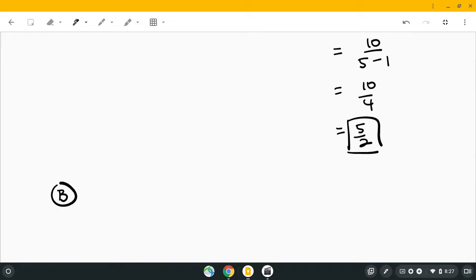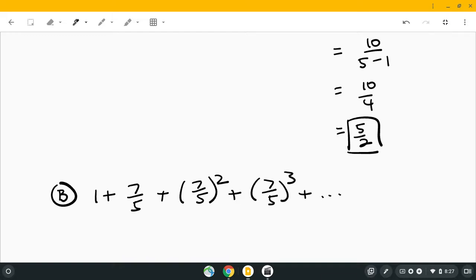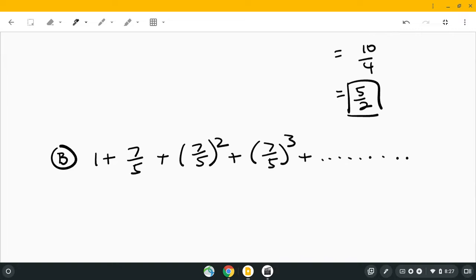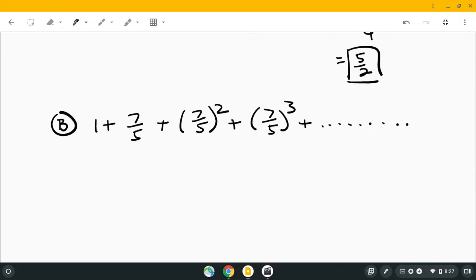Now look at this example. Suppose I have 1 plus 7 over 5 plus 7 over 5 squared plus 7 over 5 cubed plus, and it goes on forever. Then R is 7 over 5 divided by 1, which is 7 over 5.